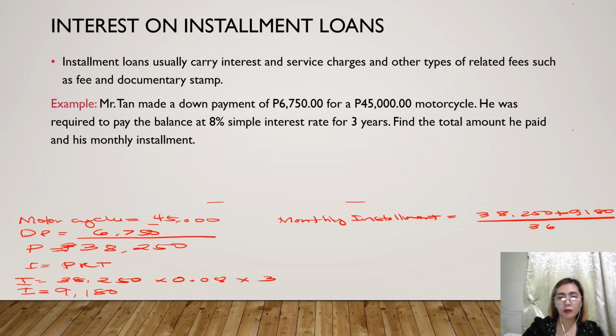Okay, so ang ating monthly installment therefore is 38,250 plus 9,180 divided by 36 is 1,317.50. Okay, so this will be yung monthly payment ni Mr. Tan. 1,317.50 pesos.